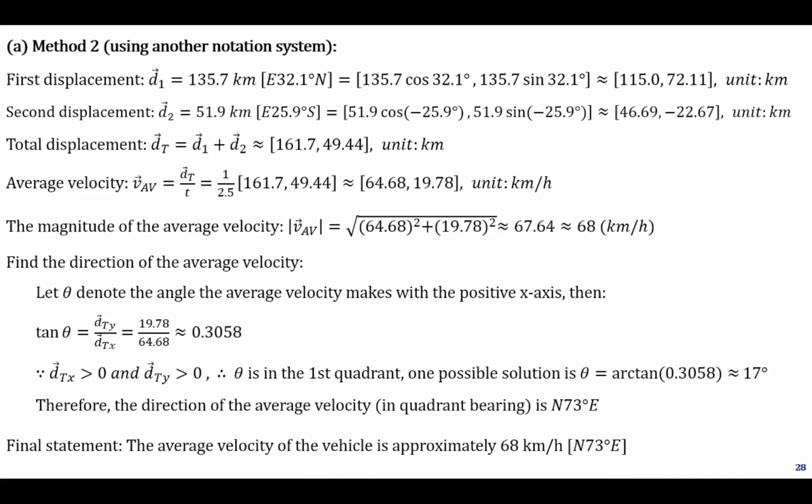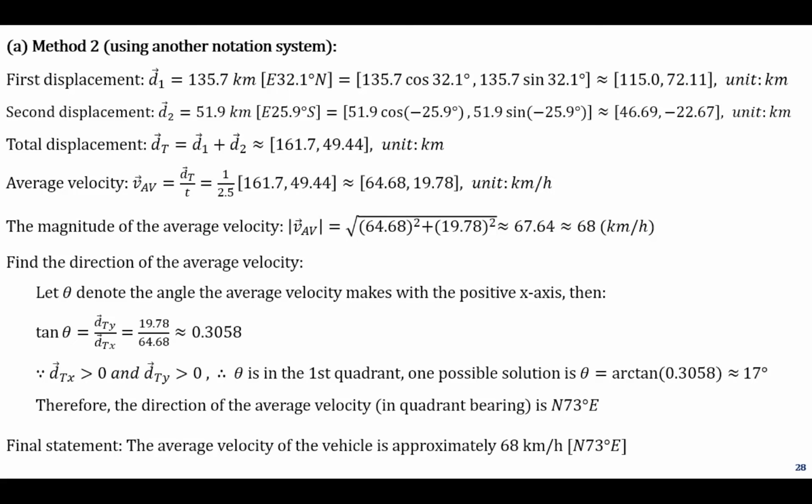This gives you the average velocity. In Cartesian form, this is 64.68 and 19.78. Again, I just keep 4 significant figures for this vector here. And the unit here should be kilometers per hour.